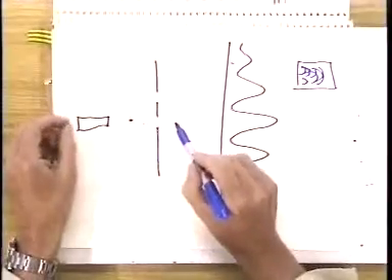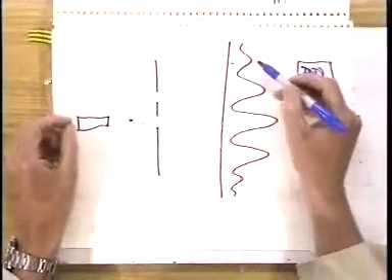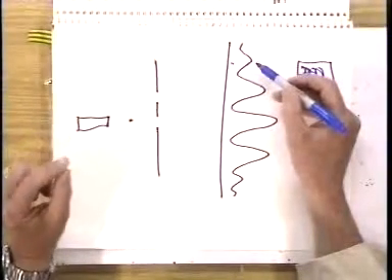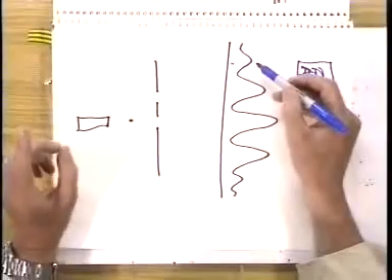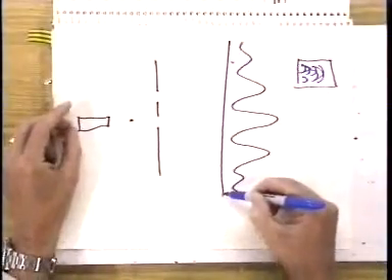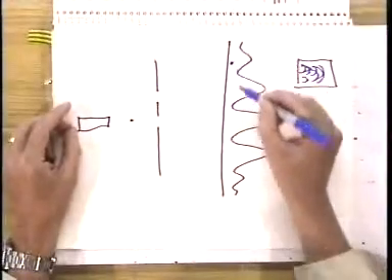If you shoot one bullet out, I can tell you with precise mathematical precision exactly what the probability is of where along here the bullet is going to hit.